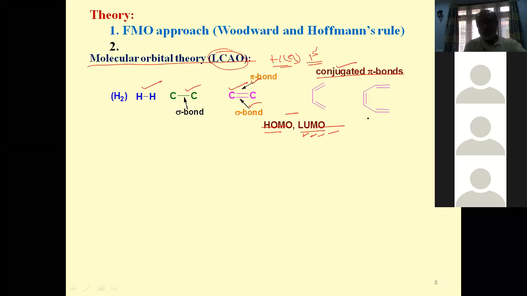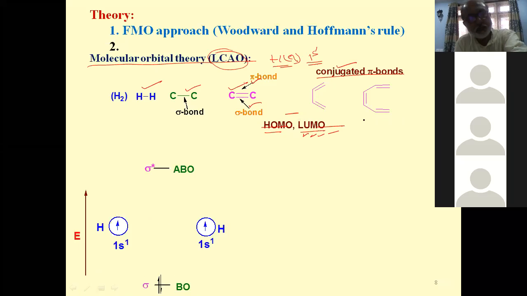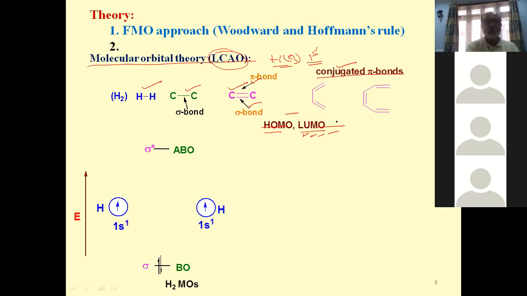So the first molecule will be hydrogen. So this is how the hydrogen molecular orbitals are formed, when two atoms of hydrogen combine. On this side we have the energy picture, with energy increasing.